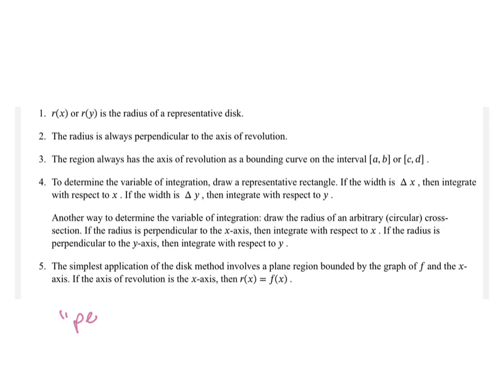If you see the words perpendicular to the x-axis, then you're going to be in dx, and you need your equation to be y equals x stuff. Perpendicular to the x-axis means it's going to vary with x, dx. So you need your equation to be y equals x stuff.